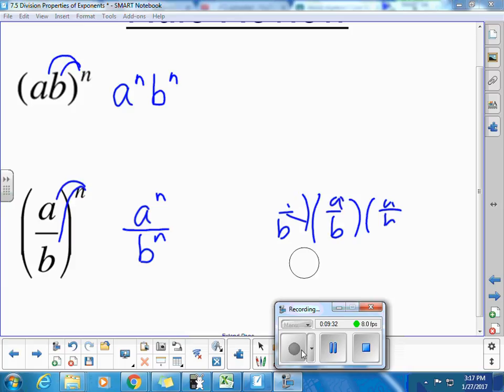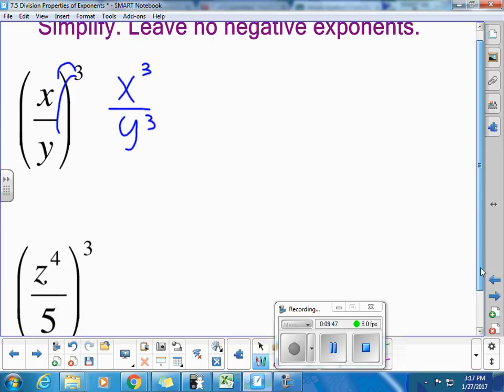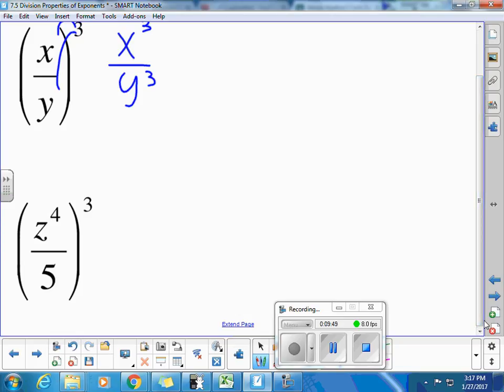All right. So again, we have to distribute the 3 to both pieces. So this would be x to the 3rd over y to the 3rd. And here I have to distribute to both places, but let's just think about when I distribute here.